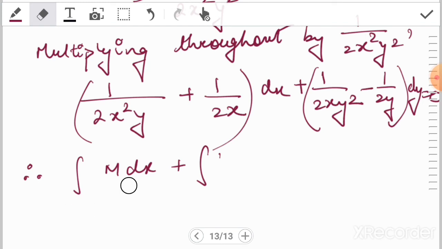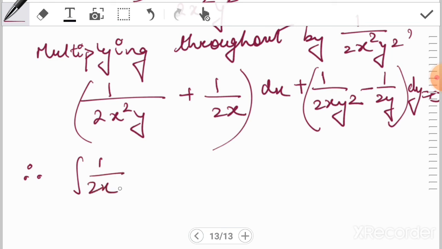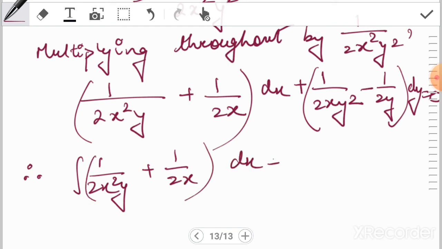Let us directly put the values. With respect to x, taking y as constant, this will be the integral of (1 by 2x square y plus 1 by 2x) dx plus the integral of minus 1 by 2y dy is equal to c.